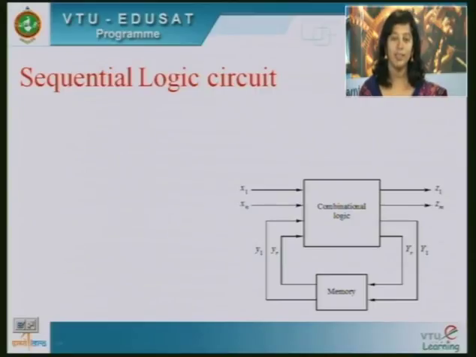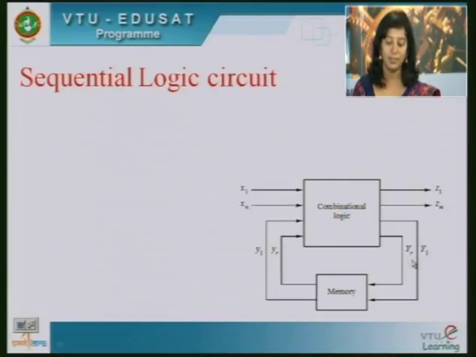As you can see in this sequential logic circuit, it is nothing but a simple combinational logic circuit which depends on present inputs x1 to xn, generates a set of outputs z1 to zn, and along with that it also generates y1 to yr, a set of outputs.